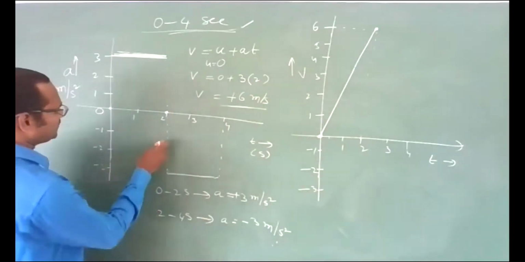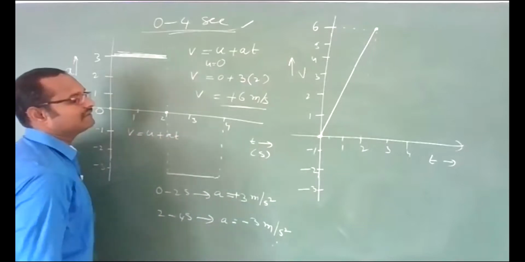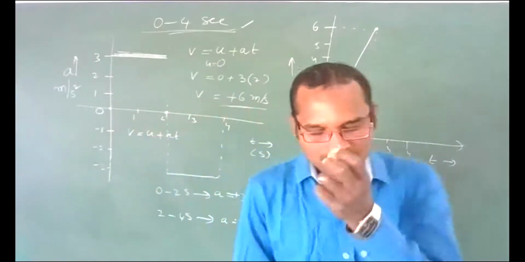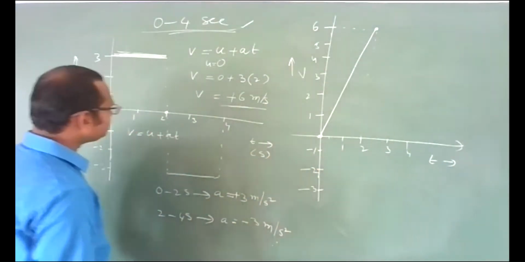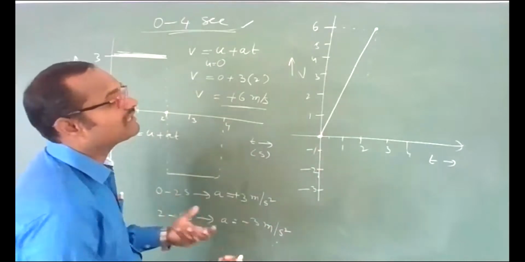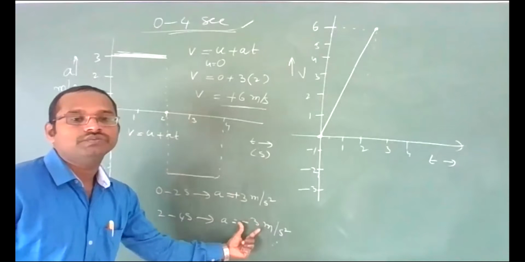Now let's do here. Again, velocity is equal to u plus at. Now here acceleration is becoming negative.